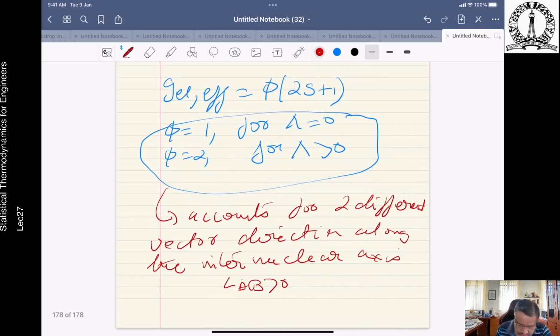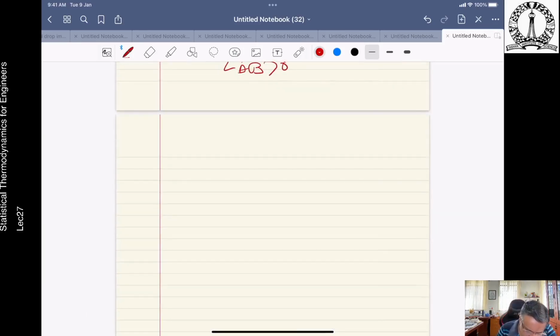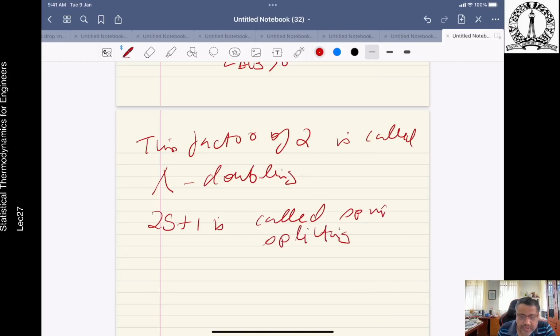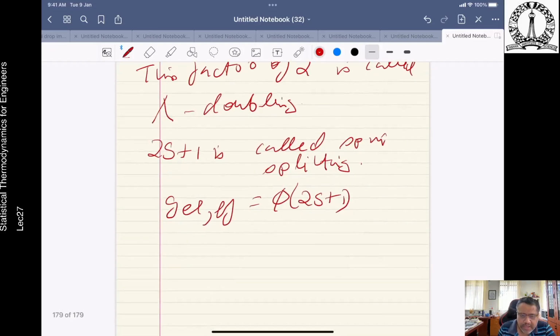This factor of 2 is called gamma doubling, and 2S plus 1 is called spin splitting. The degeneracy defined as g_el effective, phi into 2S plus 1, is clearly effective as spin splitting and gamma doubling.